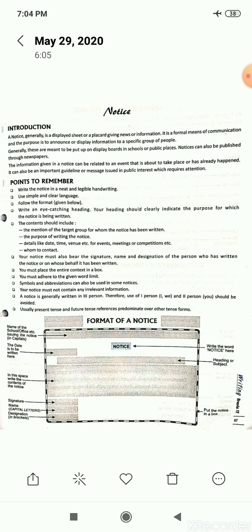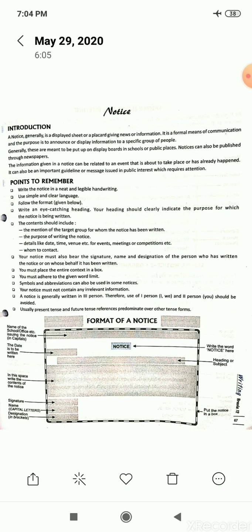So the notice should be written in an easy language so that everybody should be able to comprehend it, everyone should be able to understand it, right? And clear language means every detail should be mentioned in a good manner, right? So that the content written in the notice should become clear to the reader, right?